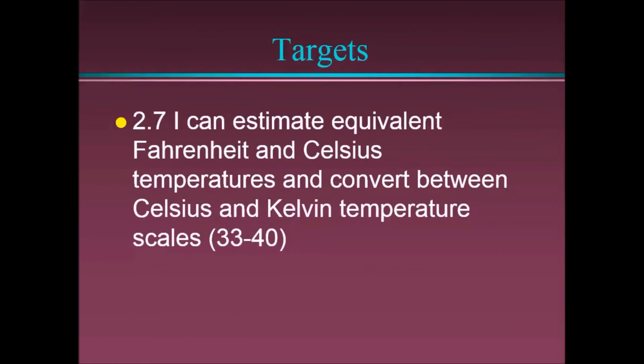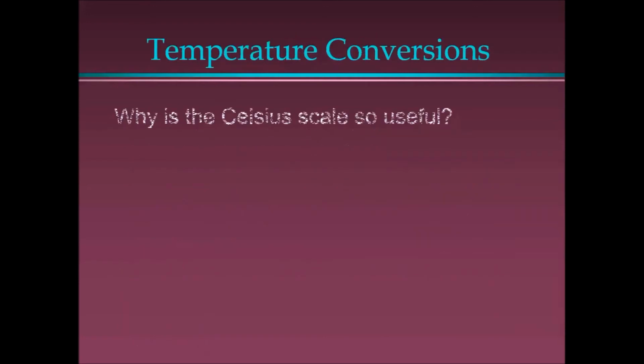Next target, you need to be able to convert F to Celsius, Celsius to F, Celsius to Kelvin, and Kelvin to Celsius. This can be found on pages 33 through 40. Why is Celsius so useful to us in science? Ryan? Because it's easy, because 0 is ice, 100 is boiling.